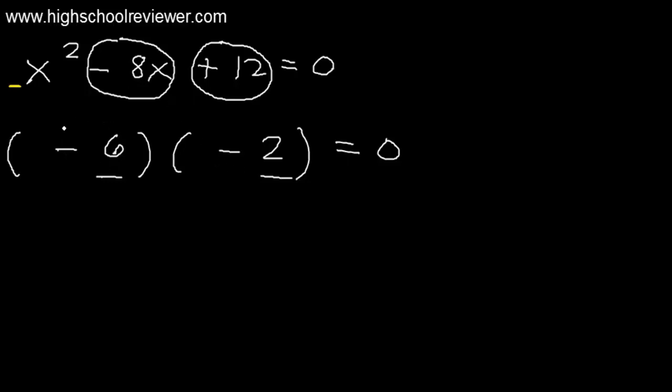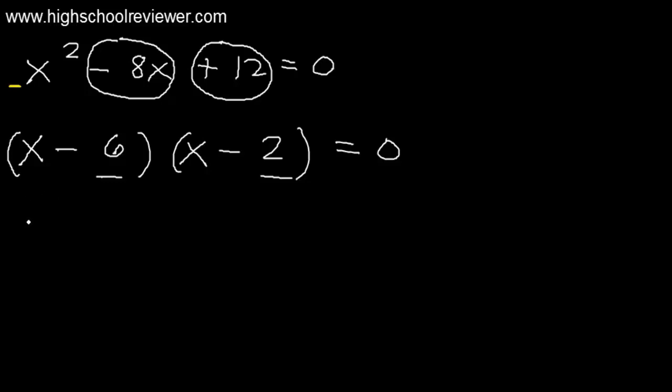So these are the two numbers that we will use. And we will just factor out x squared. The factors of x squared are only x and x. So we now have the factors of our quadratic equation.